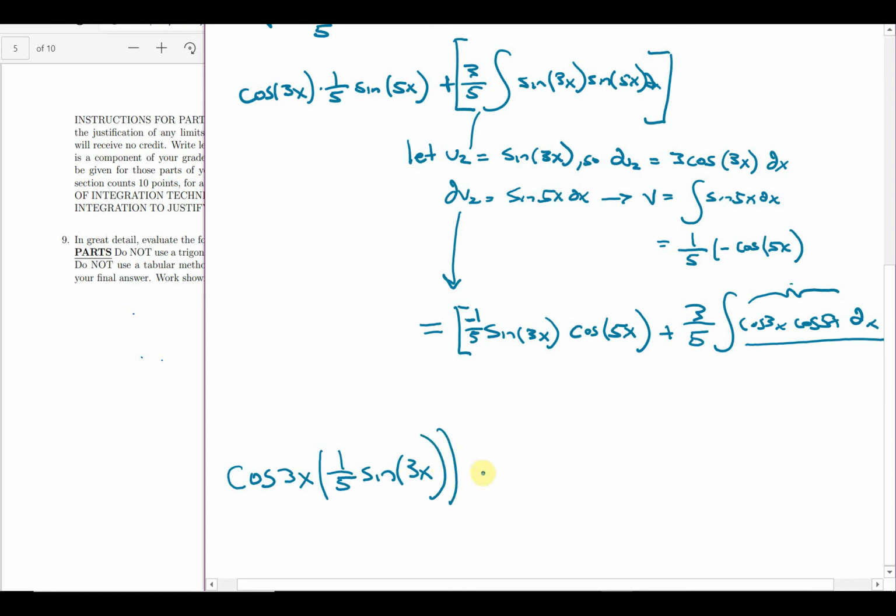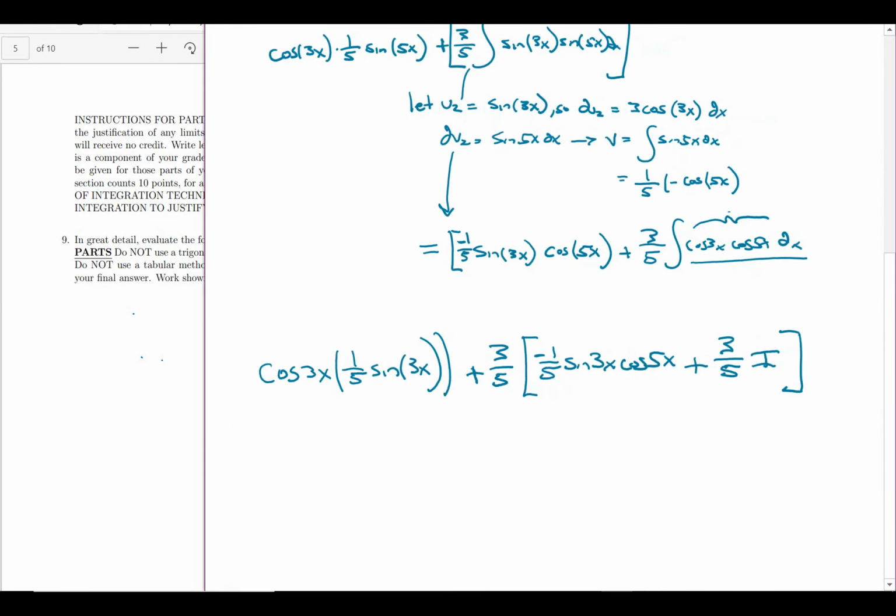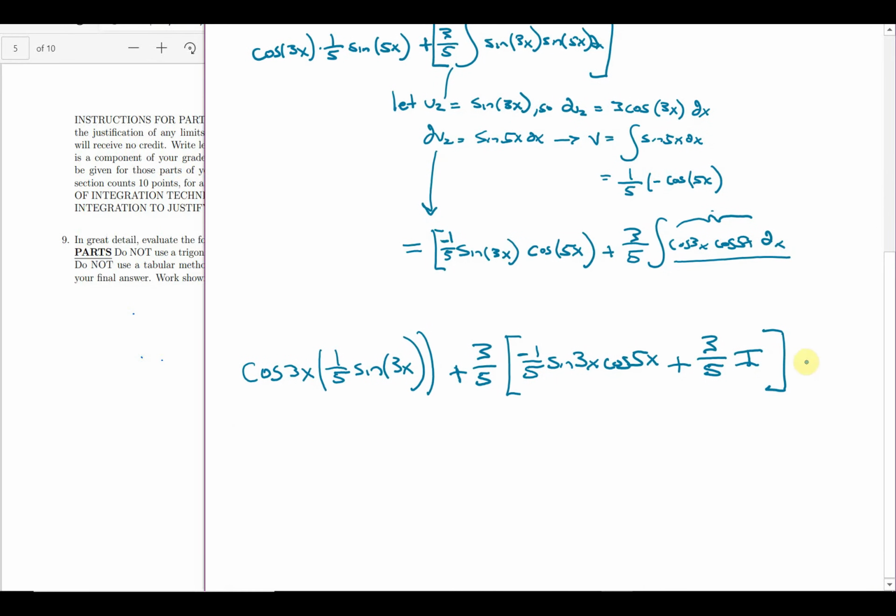And then we did plus 3/5, and now we're going to multiply all the terms together. Now we have negative 1/5 sine 3x cosine 5x, and now we have a plus again 3/5 I. We're calling that an integral because it's equal to the integral. Okay, but we have an integral, and this whole thing equals the integral.